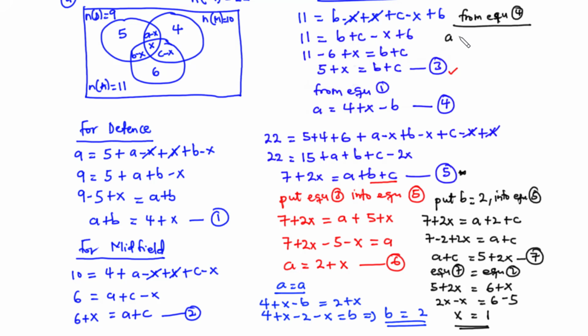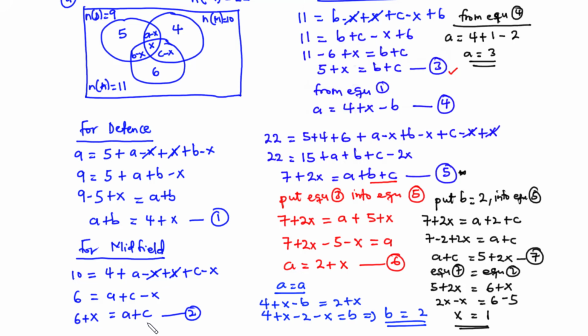So a equals 4 plus x. Now x is 1. So we have 1 minus b is 2. So minus 2. Now 4 plus 1 is 5. And then 5 minus 2 is 3. So we have the value of a to be 3.